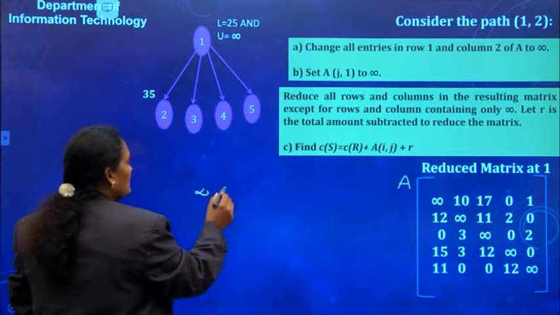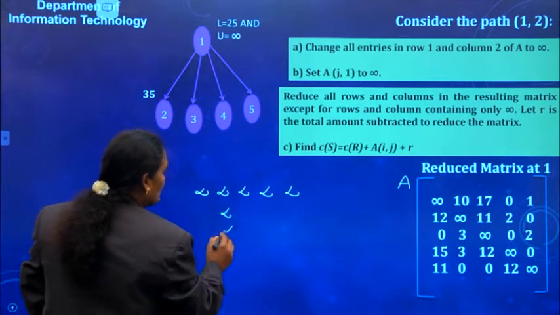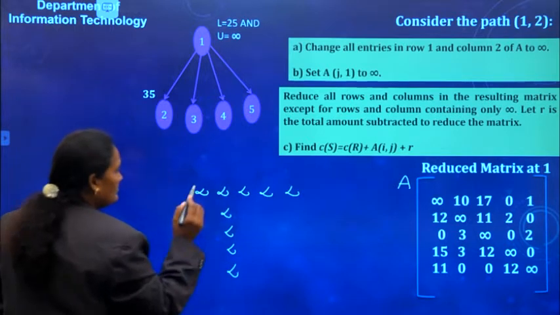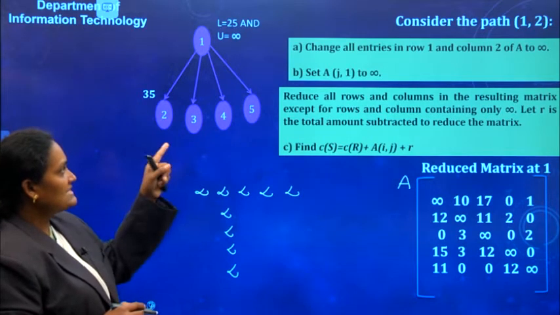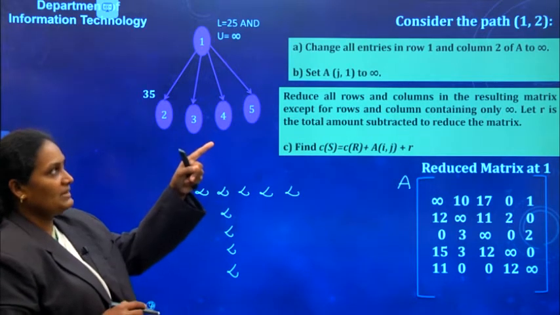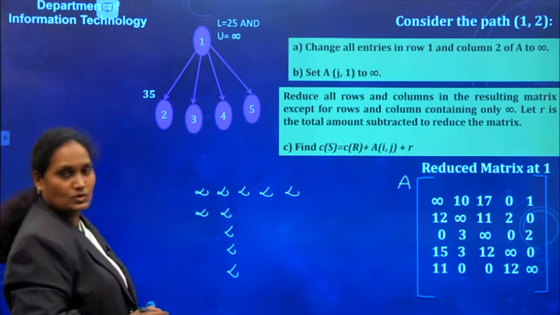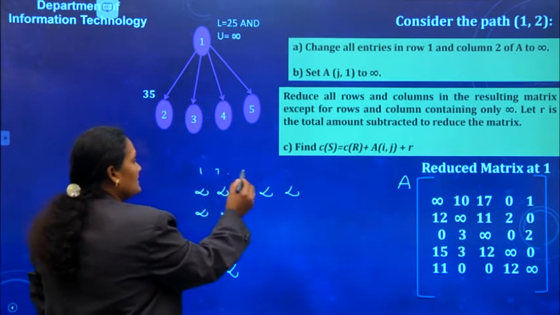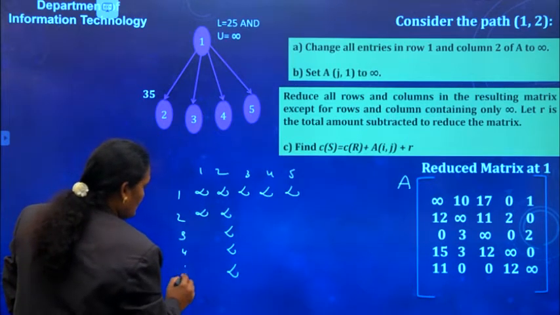Now I am making row 1 as infinite and column 2 as infinite. Set A J1 to infinite. J1 means J is 2, so 2, 1 to infinite. This is the 2, 1 position. These are the positions 1, 2, 3, 4, 5.